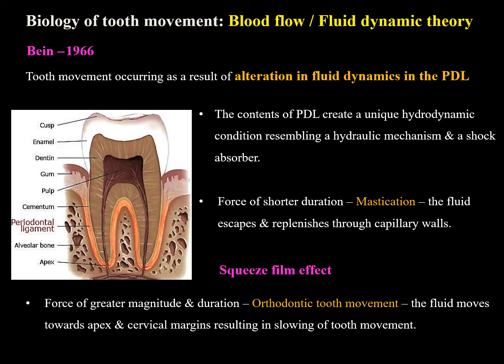So this stenosis causes the formation of aneurysms, and this aneurysm actually results in providing a favorable environment for osteoclastic activity. So that is how it affects the movement of tooth. So once there is osteoclastic activity, you know that the tooth can move into that newly formed space.